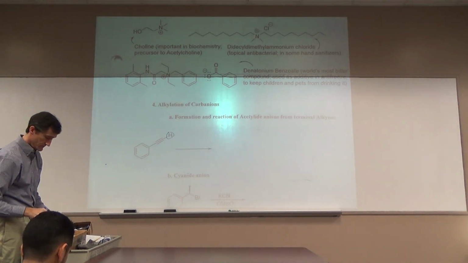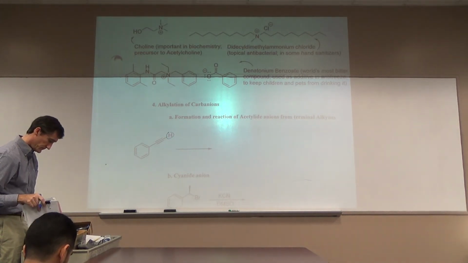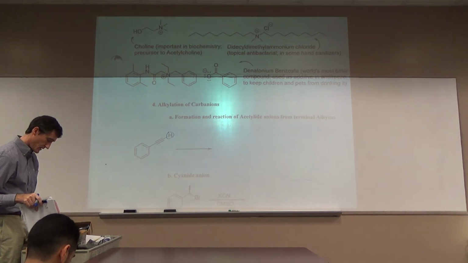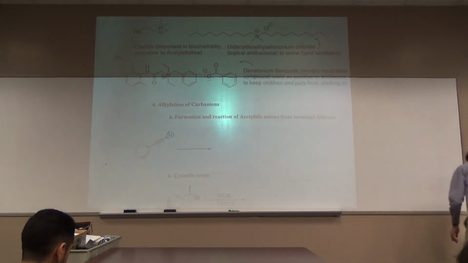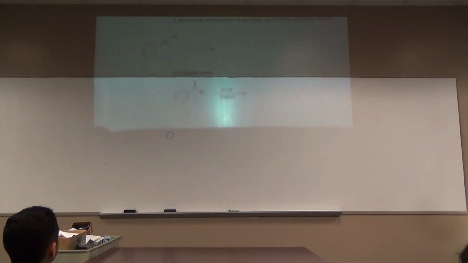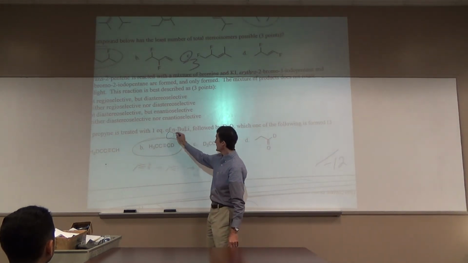It was a base that was used and then the product was treated with D2O. Let me get, I don't have the handout, but I have the test. Yeah, n-BuLi, butyllithium, right?